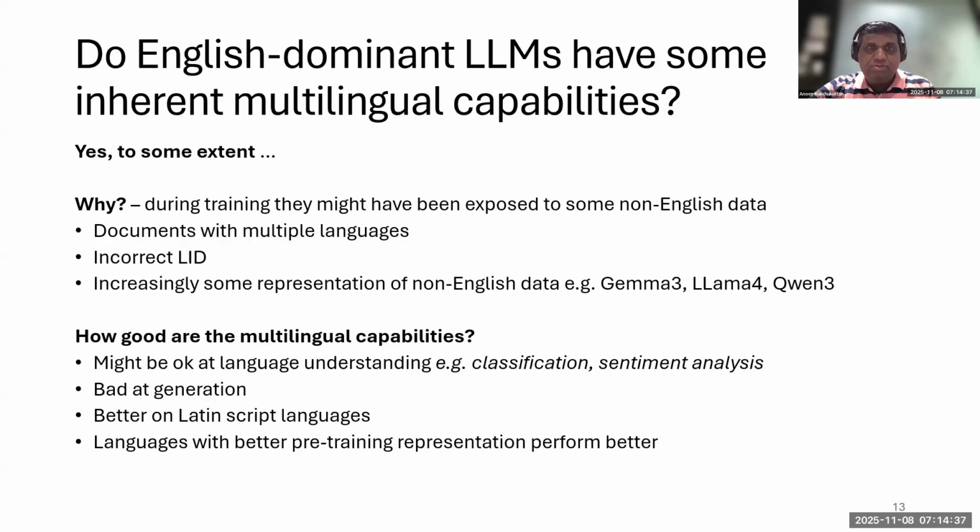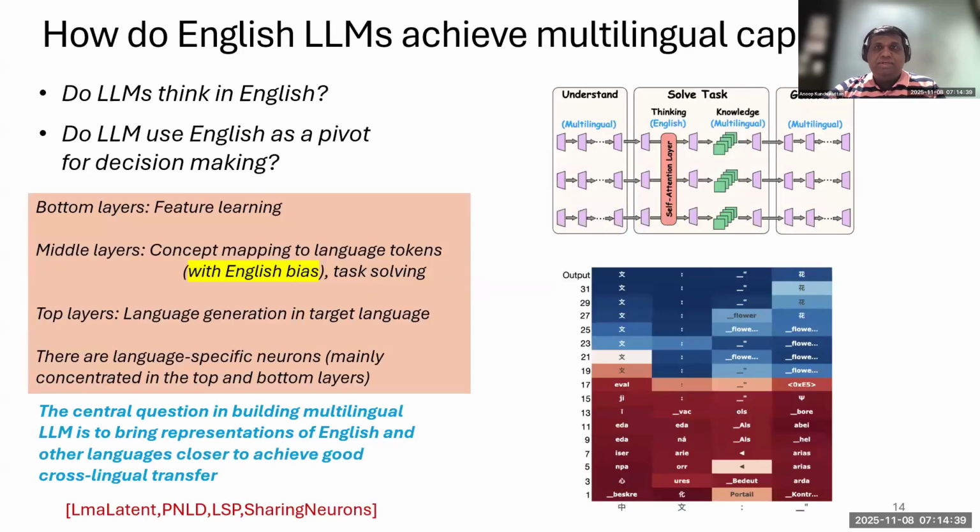So what is the nature of these cross-lingual or multilingual capabilities that English LLMs have? How are they able to respond to and address tasks in non-English languages with a fair degree of quality? Is it that the models think in English, or use English as a pivot for decision making, to put the same question another way?